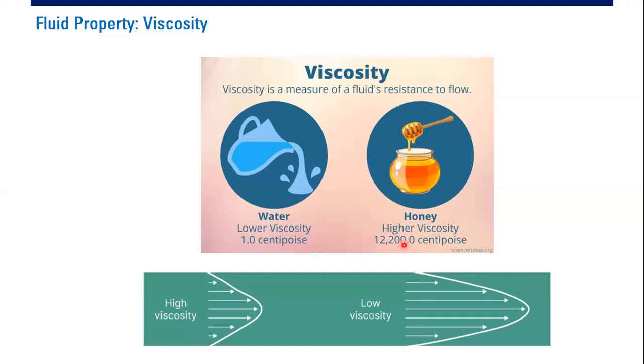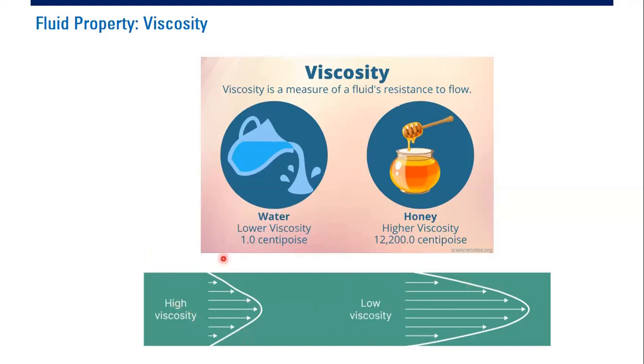But if we have heavy oil, for example, whose property is like honey, then of course it is more difficult for the well to flow the fluid, or for the reservoir to push the fluid to the surface. All right, so viscosity is important, and viscosity will influence the velocity profile like shown there.